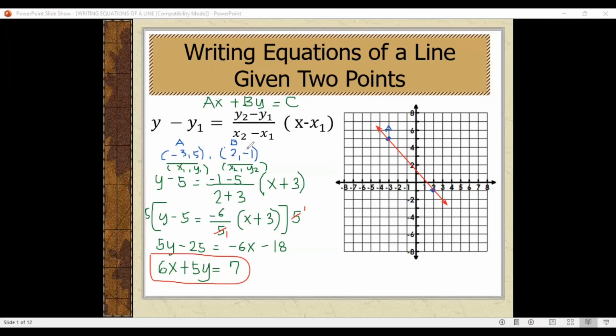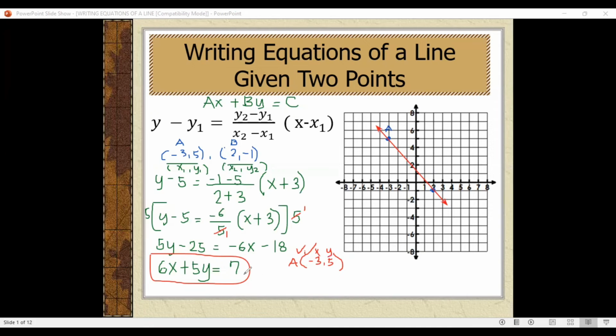Now, how can we make sure that we are correct? So we can do what we call the checking, and we can do the checking by simple substitution. Okay, so for example, our point A, the first point that we considered here is the -3, 5. So what are we going to do? Remember that if you have an ordered pair, the first entry refers to your x, while the second entry is the y.